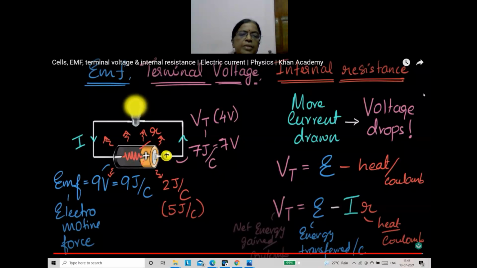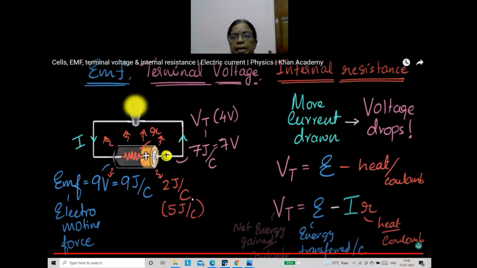Mitra, can you complete? Yes, teacher. EMF is the potential difference between the two terminals of the cell when the current is not drawn. Very good. When no current is drawn from the cell. EMF is the potential difference between the two terminals of the cell when no current is drawn from it.